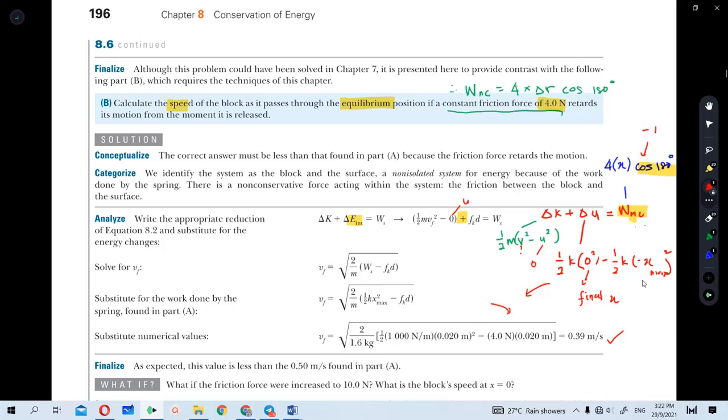So this is where I would say it is a non-isolated system. It's just that your book is putting it together, meaning it makes it an isolated system. But with this technique, it is non-isolated, because friction now has a tendency to take away the energy.